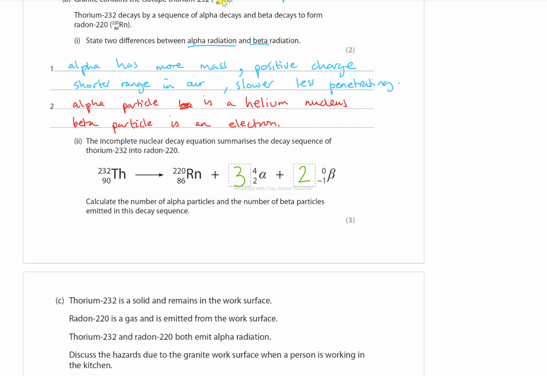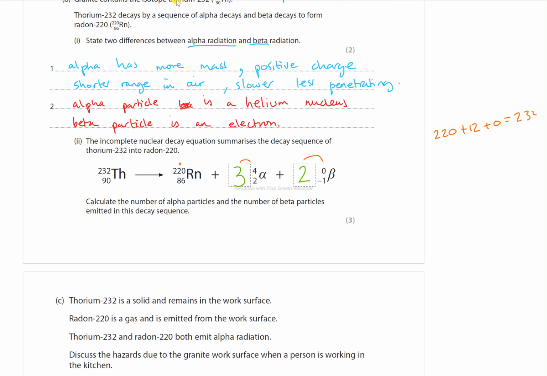That's 220 plus 3 times 4 is 12 plus 2 times 0 is 0 equals 232.